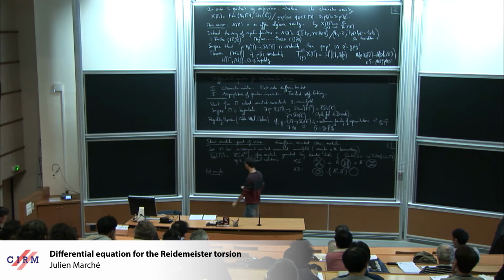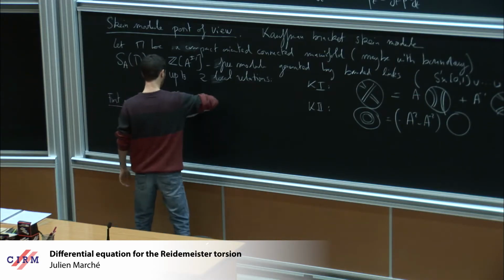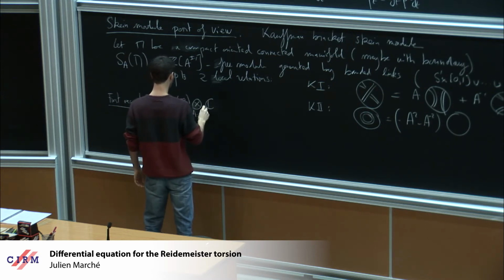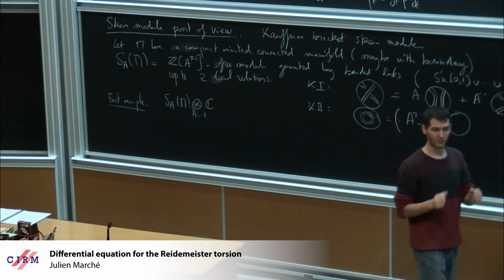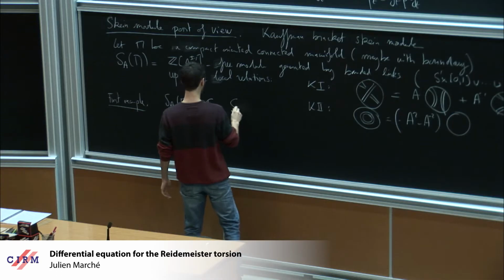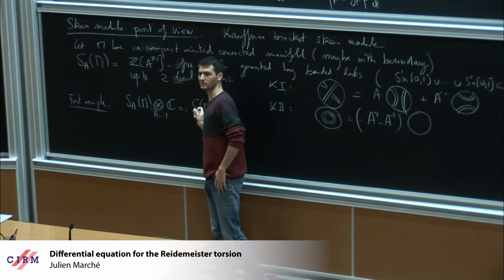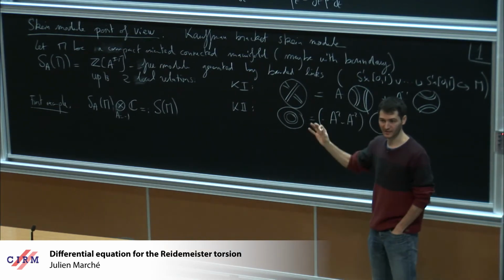So the first example is if you take A equal to -1, I mean you do this tensor product here. This I will call the Kauffman algebra at -1. So that's just the definition of S of M.